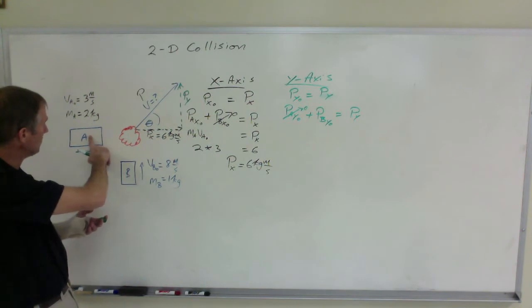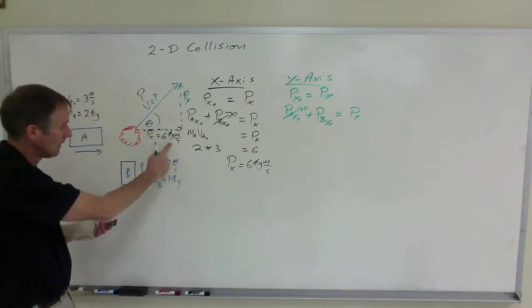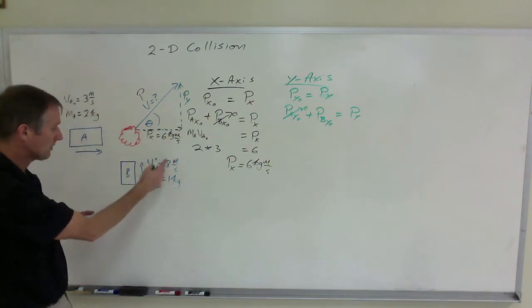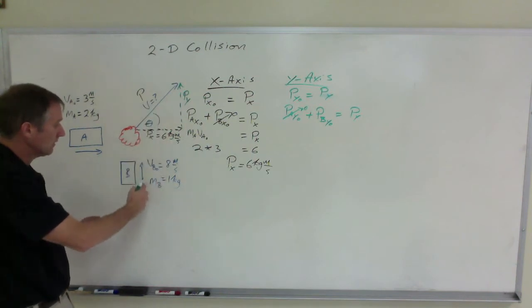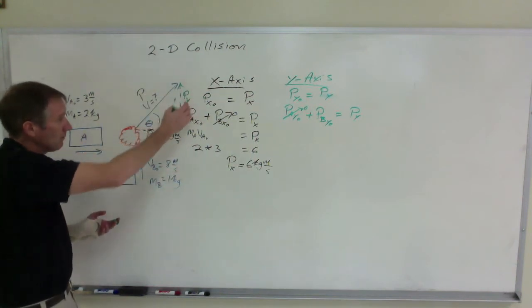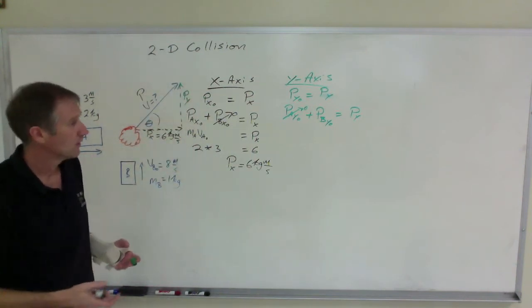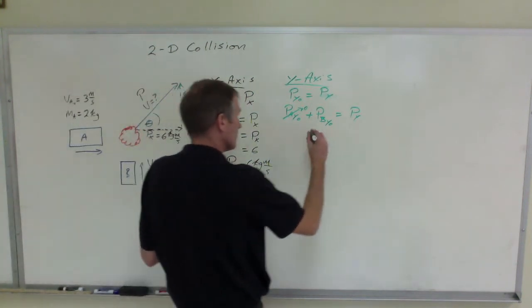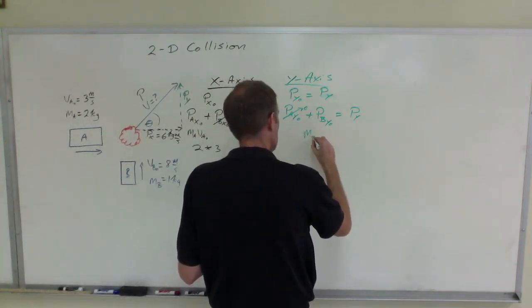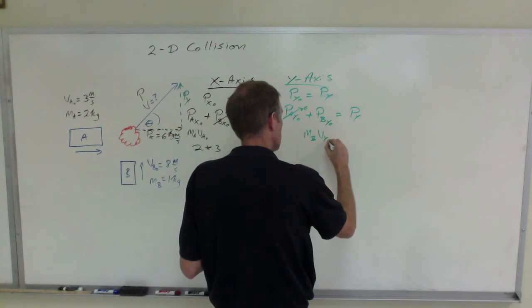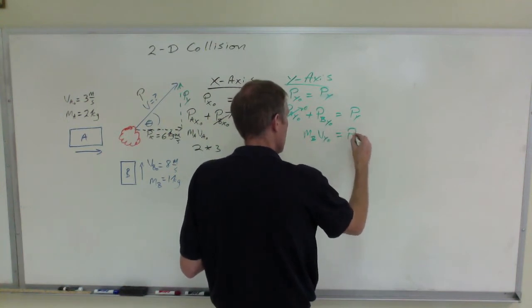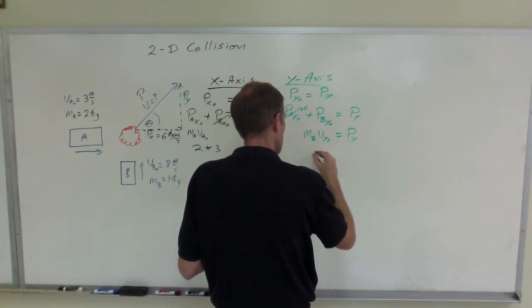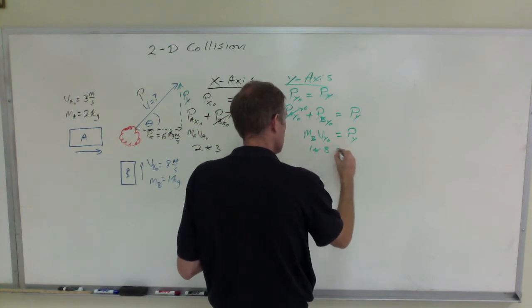The momentum of A is 2 times 3, which is 6, so that's why this is 6 afterwards in the x-axis. This will be 1 times 8 beforehand for B, and that becomes the y component of the momentum afterwards. So the mass of B times its velocity, 1 times 8.